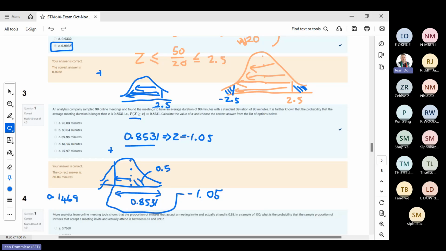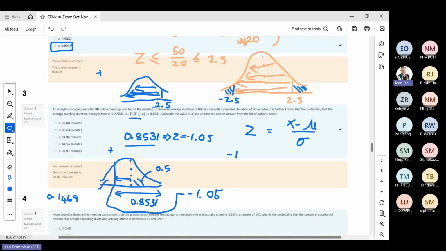Okay, so we still have this wonderful formula, but never forget that we're still using this. We now just have the Z. Normally we would need to go and calculate the Z, but now we calculate the X. It looks like the mean is 90.